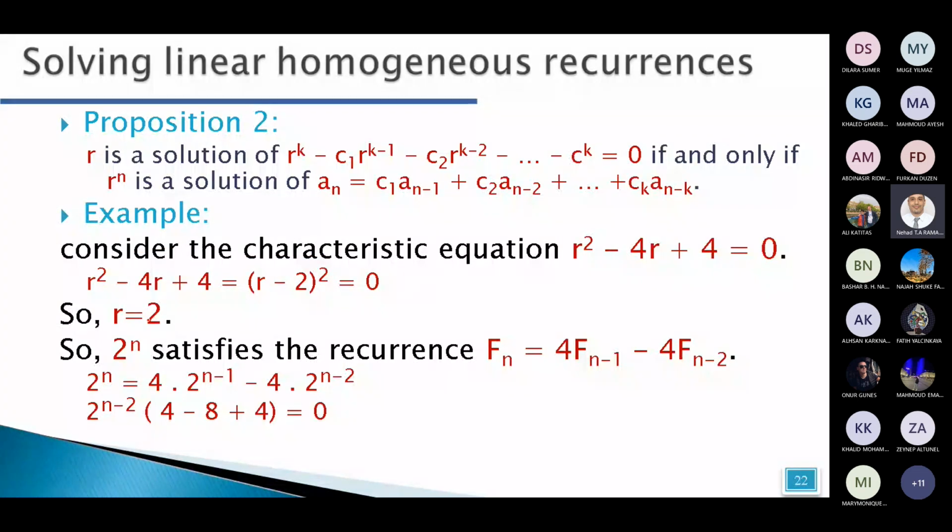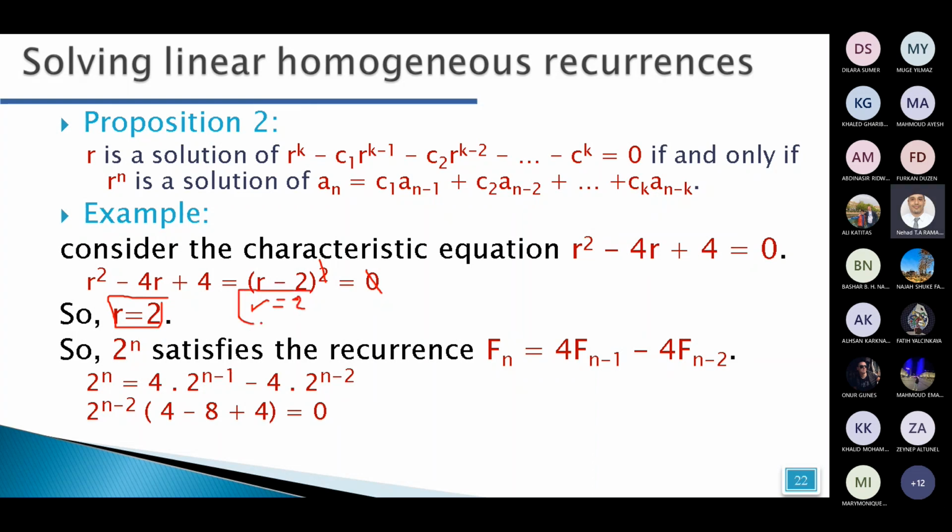At the end, you will get R equal 2. Why R equal 2? Because power 2, it goes with 0 because this side is 0, yes? So R minus 2 is equal to 0, then R equals 2.